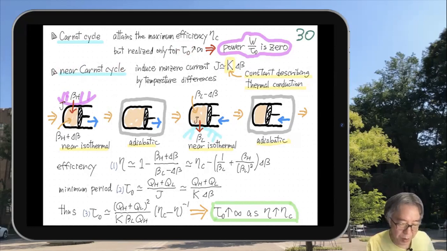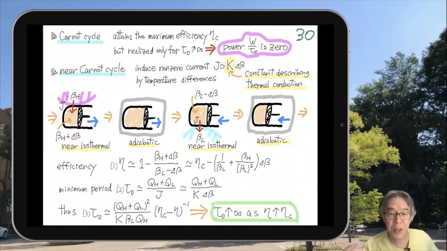Well, in the Carnot cycle, you have an isothermal process in which the temperature of the bath and the temperature of the engine are exactly the same. That's quasi-static isothermal. And in this condition, we want to transfer heat QH from the bath to the engine. But since the temperatures are exactly the same, the heat flow is infinitesimally small, and it takes infinitely long time to transfer some amount of heat.